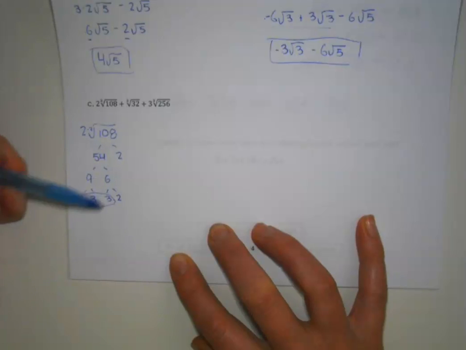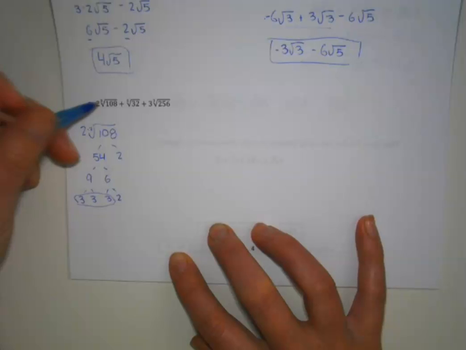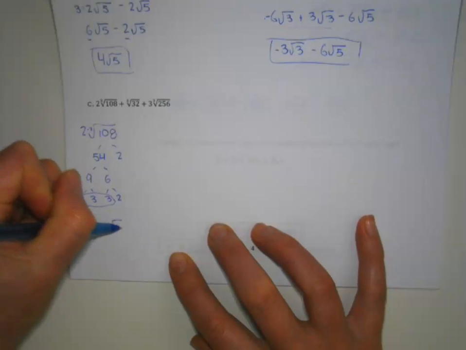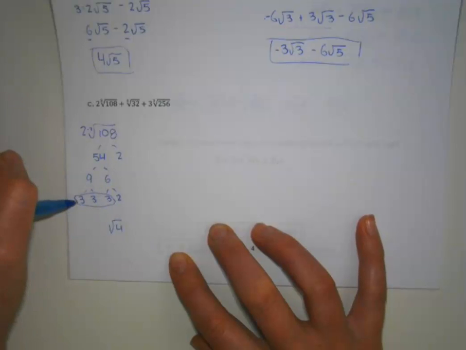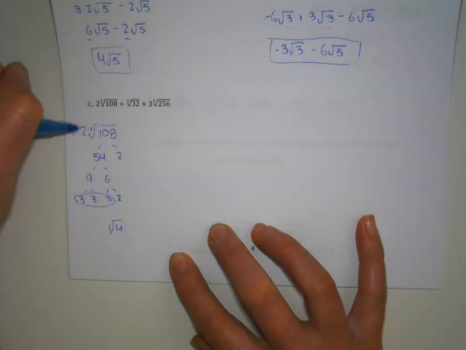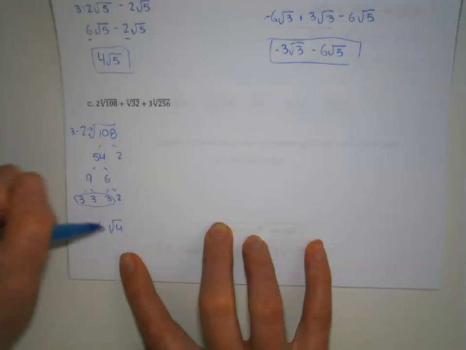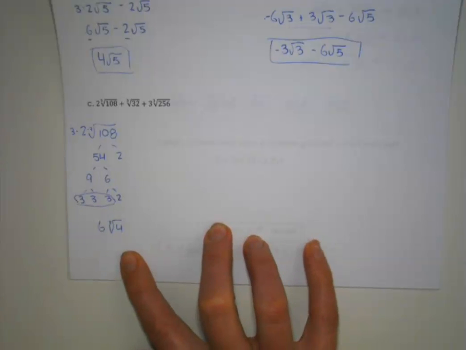And then we have 2 2s, but there's only 2 of them, so we can't factor that down anymore. So both the 2s stay underneath the sign, so 2 times 2 is root 4. And then these 3s move outside, so we're going to have 3 times that 2 that was already there, which would be 6. So this one factors down into 6 cube root 4.